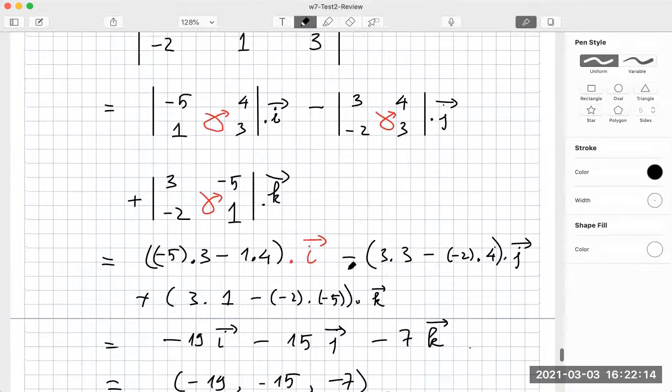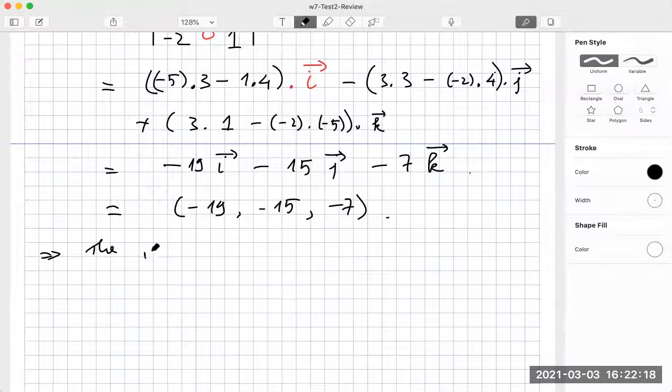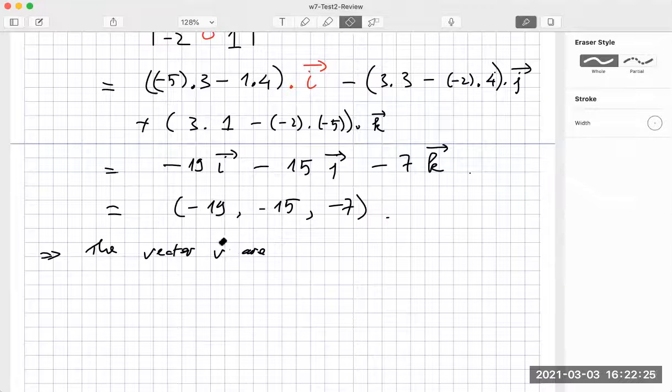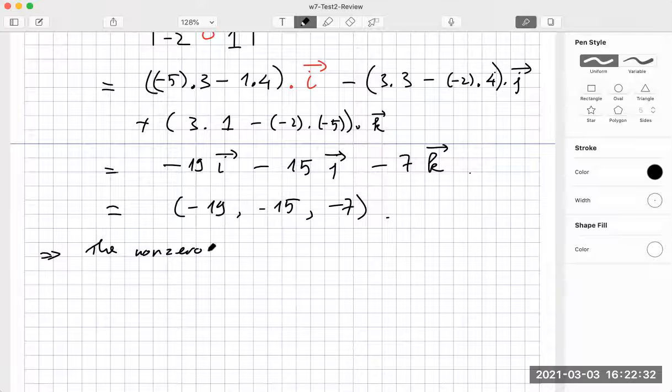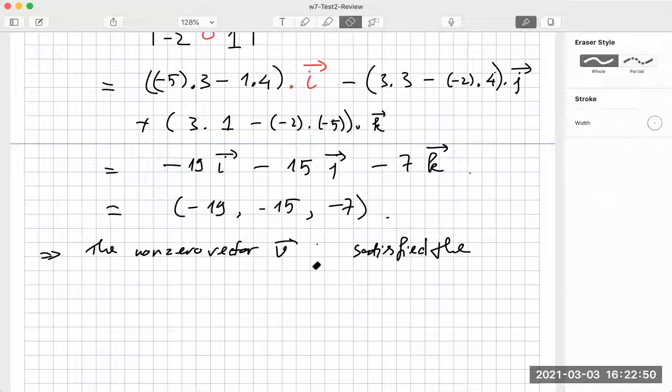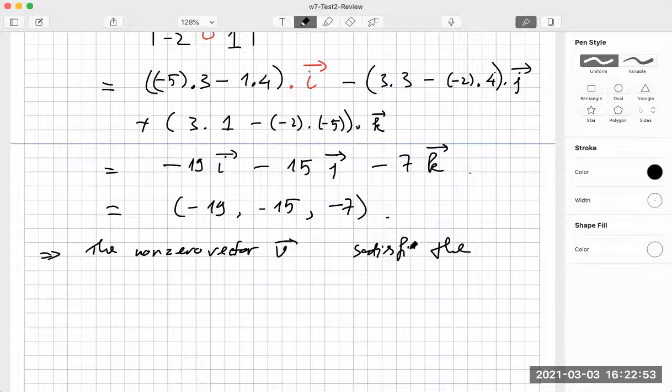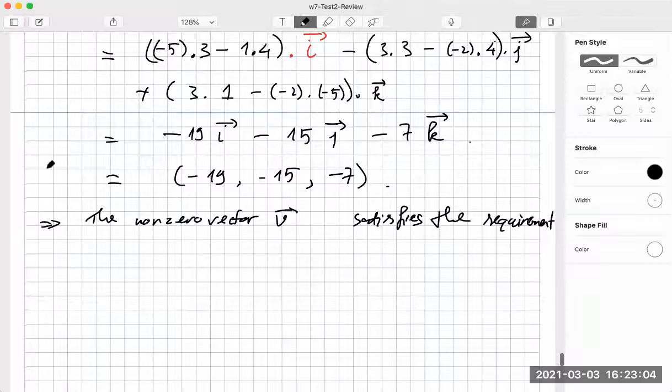So the non-zero vector V satisfies the requirement, right?